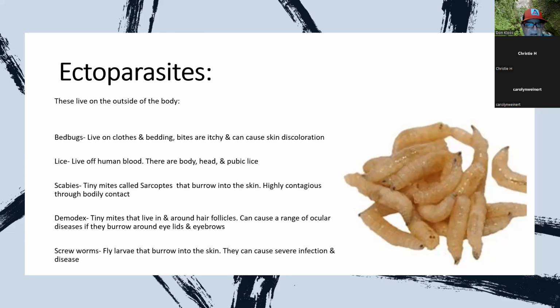And then lice, which live off human blood. There are 3 types: body lice, head lice, and pubic lice. And then, as I mentioned, scabies. These are tiny mites called Sarcoptes.